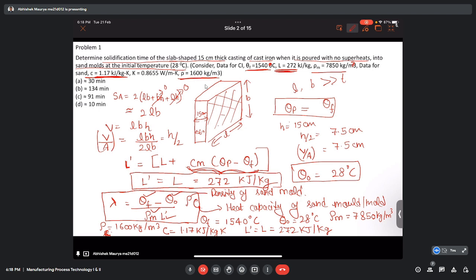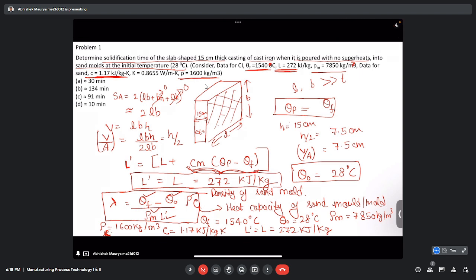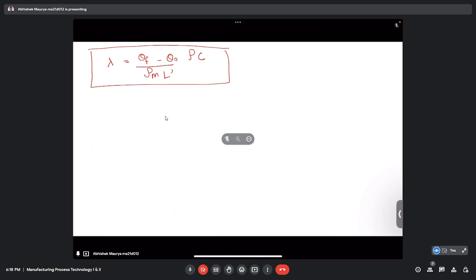Okay. So now let's move to the next, and we will find out the value of the lambda. Please try to substitute the values and let me know the answer. Already I have shown the values of all the terms. Please substitute it and try to find out its value.